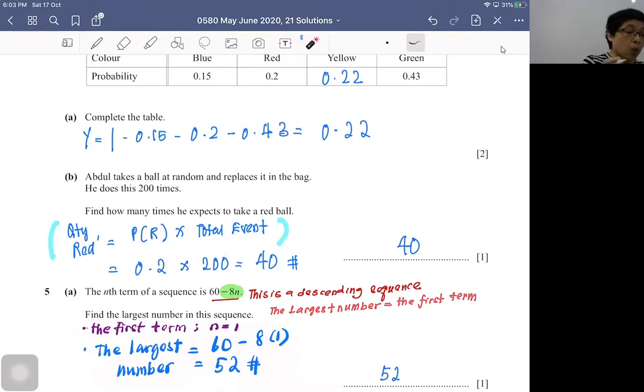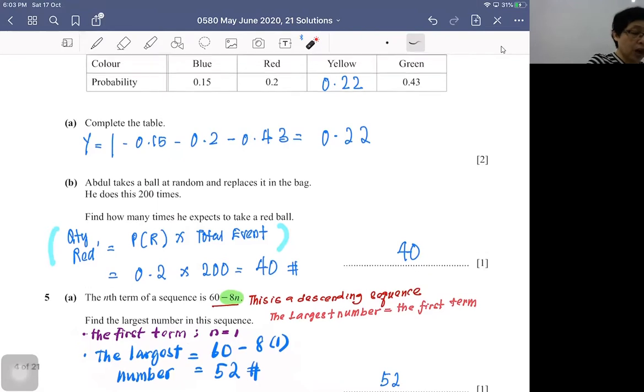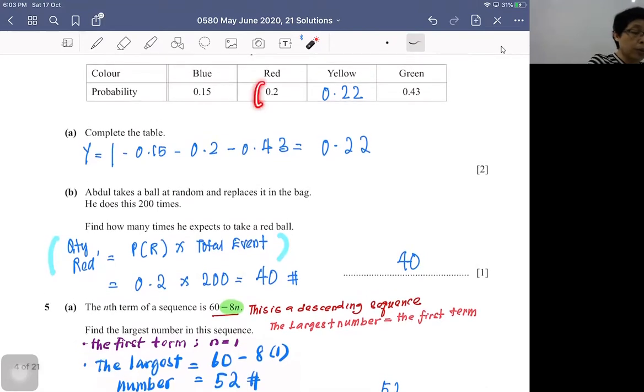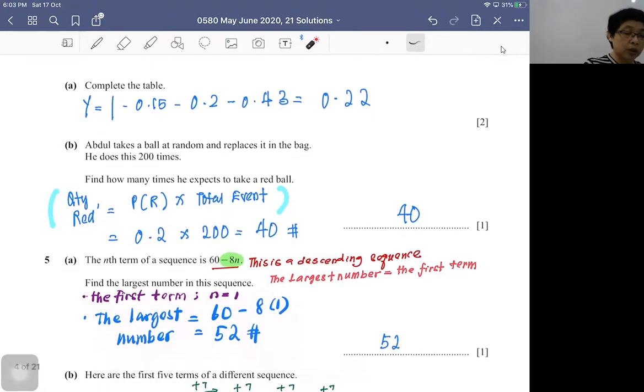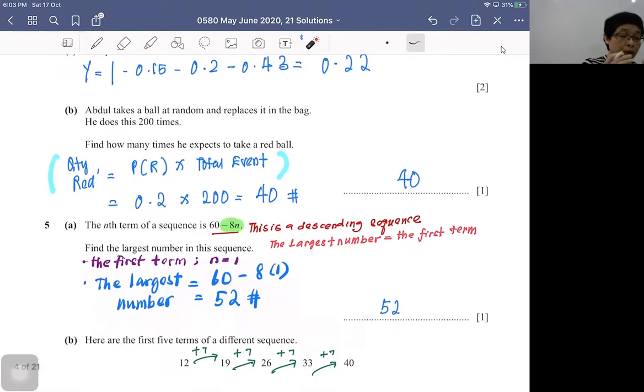Then we find out the probability of getting red. The chance is 0.2. So we take the 0.2, the chance for getting the red, multiplying the total. So the successful number of times getting the red ball is 40 times.